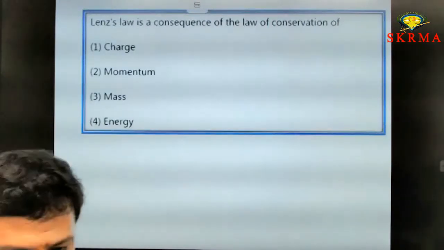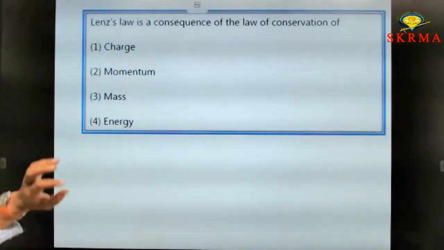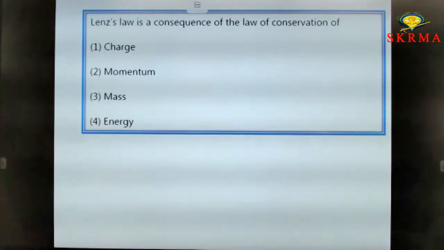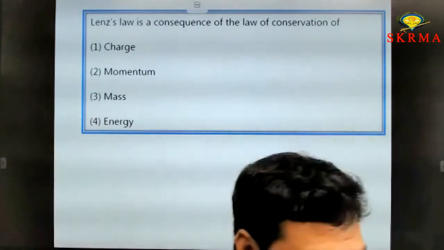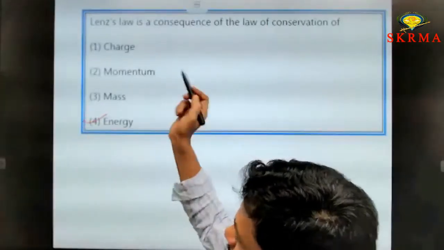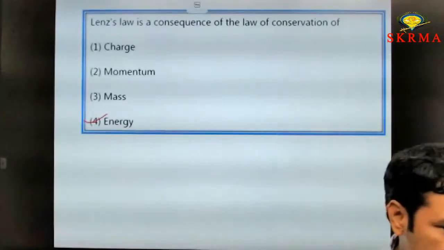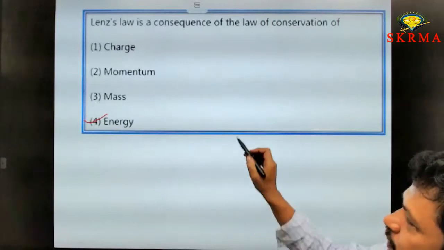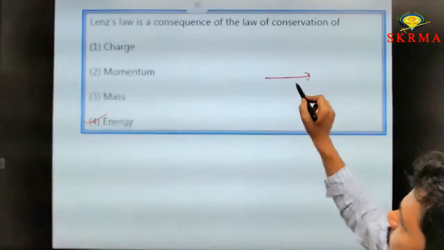Yes, there is a question. Just listen carefully. Lenz's law is a consequence of the law of conservation of energy. Why energy? Because whenever a force is applied on the conductor, EMF is induced, and then it opposes that force by the induced EMF.